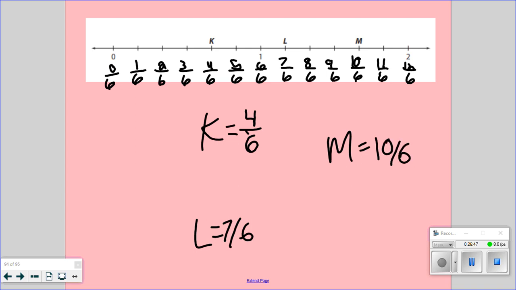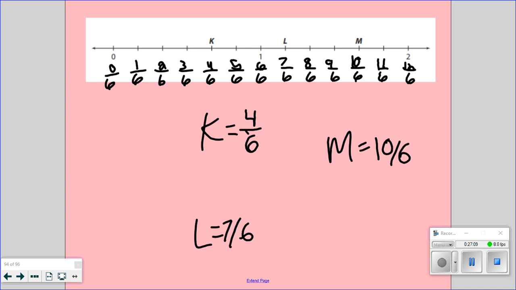And 10/6. Nice. Raise your hand to tell me which fraction or fractions are larger than 1. Which fraction or fractions are larger than 1? Addison, you got one?